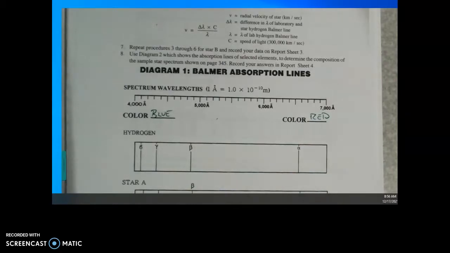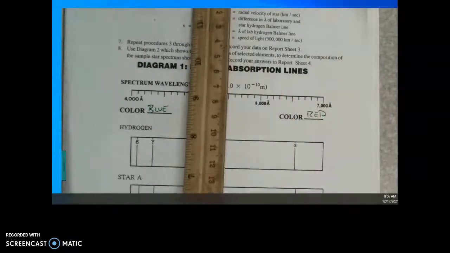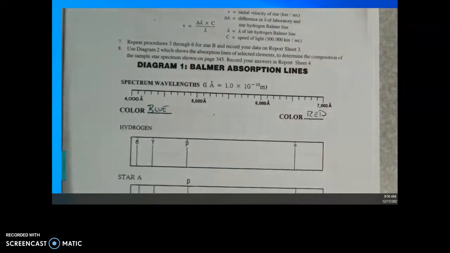What we did downstairs yesterday, guys, is lab spectra. We're burning a gas. You're looking through a spectrometer. You're figuring out where the lines are, and that's it. We're not looking at a star. We're not looking off into space or anything. We're just looking at a gas on Earth in a controlled environment. That's what they did right here. So they say, please record these onto report sheet 2.